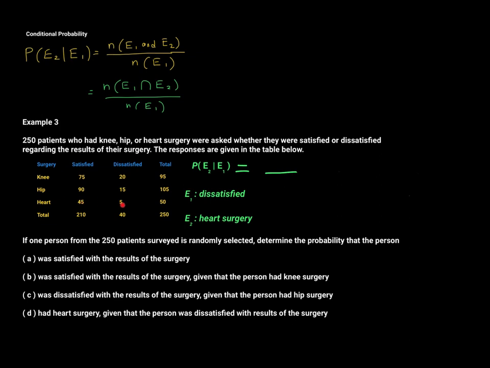That would be right here, this number, which is 5. 5 patients had heart surgery and were dissatisfied, over the total number of patients that are dissatisfied, which is 40. So it's 5 over 40, which of course simplifies to 1/8. This is conditional probability.